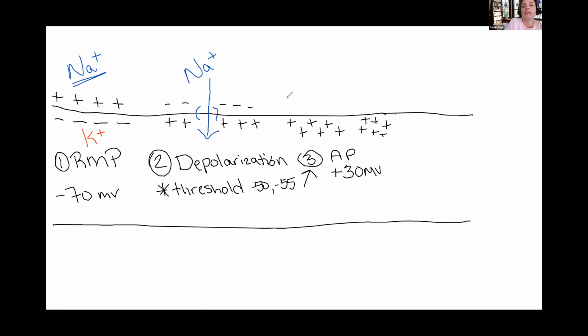And the outside's going to obviously get more negative. And what's causing that to happen is all of that sodium coming in because you've now opened up a lot of sodium channels. Okay, and again, this is going to spread down the sarcolemma, down the T-tubes, you're going to get a contraction.